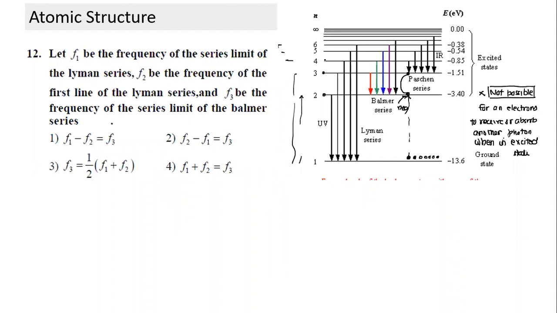Some electrons will go to the third level, some to the fourth, some to the fifth, some to the sixth. And the corresponding energy absorption will be the difference between these two levels. So all the energy absorbed will match the radiation related to the Lyman series. That's another point we can understand. I hope this point is clear.